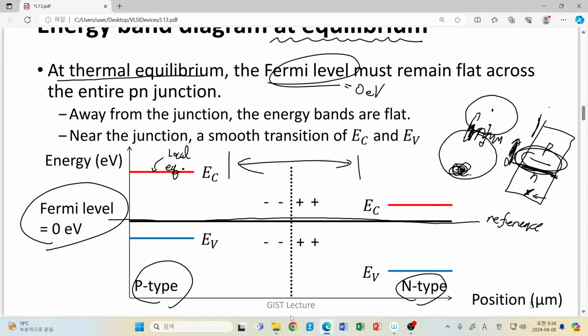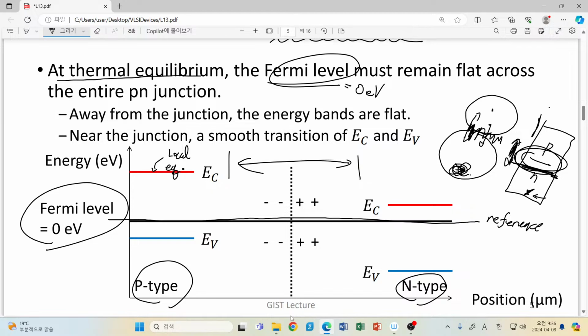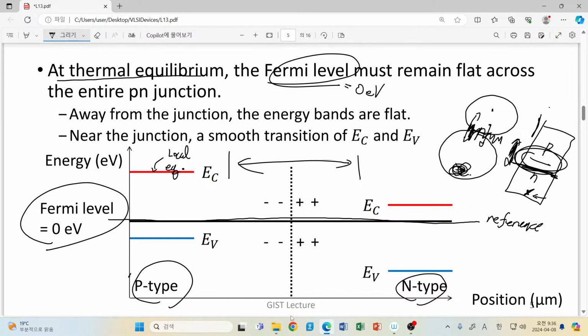Your electron density just follows the donor density when you have an n-type region. Your hole density follows the acceptor density when you have a p-type region. Since we have a p-type region here, our hole density is quite close to the acceptor density, and our minority carrier density will be quite close to Ni squared divided by the acceptor density.